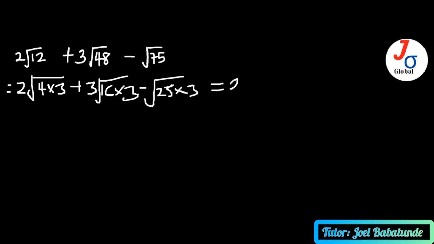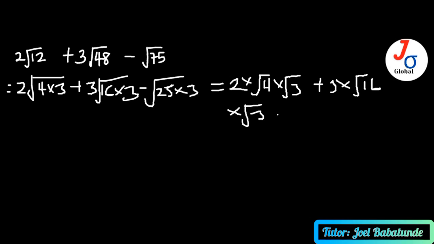So that becomes 2 times root 4 times root 3, plus 3 times root 16 times root 3, minus root 25 times root 3.